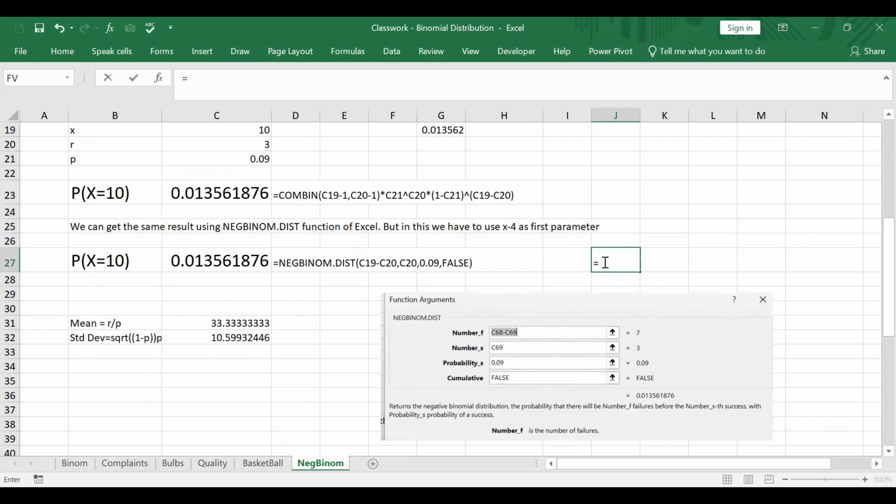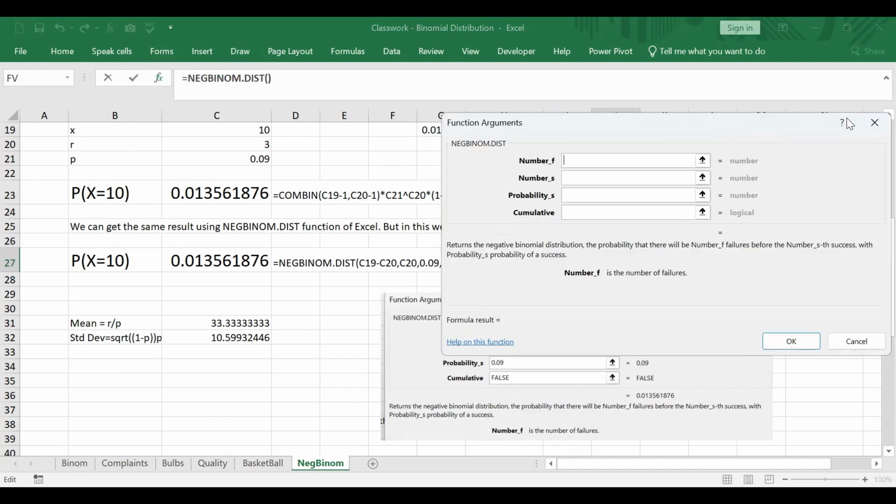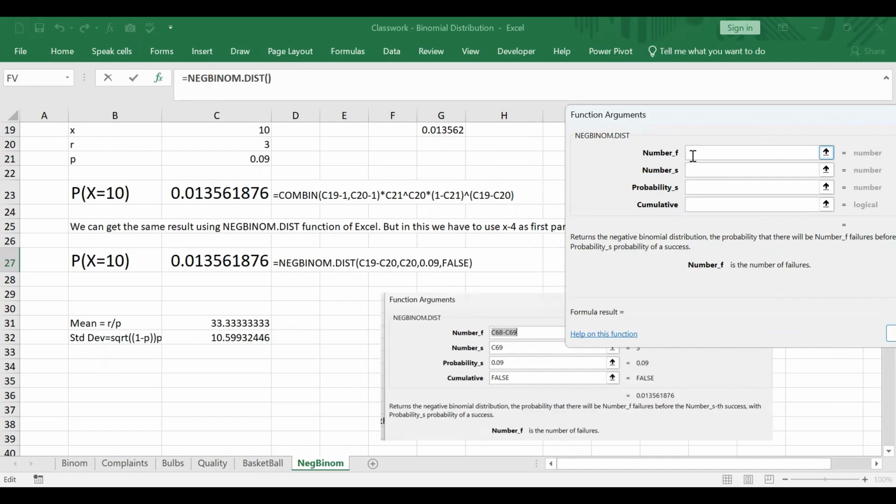So let us do it separately. In the negative binomial distribution formula in brackets, number of failures is asked. Number of failures is 7 because of 10 trials, 3 are to be successes. And number of successes is 3 here.